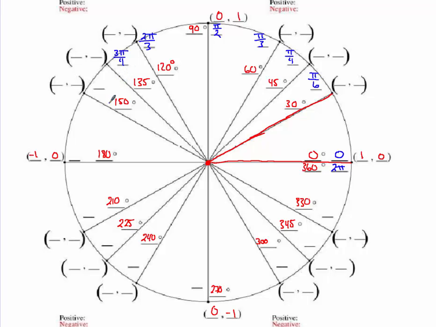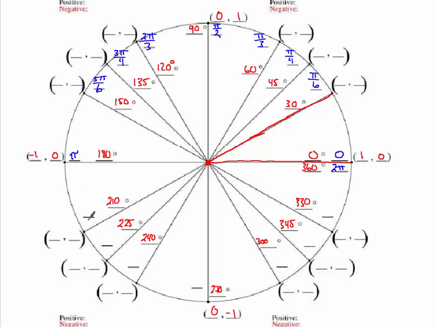Okay, now 150 is 30 degrees 5 times. So 30 degrees is pi over 6. So 150 is 5 pi over 6. And then we get to 180 degrees, which is pi, because 90 degrees is pi over 2. So 2 of those is going to be 1 pi.